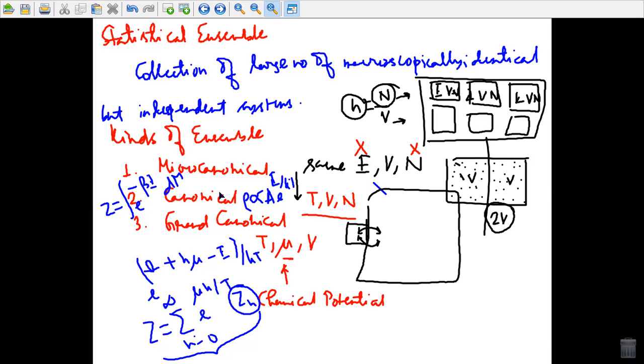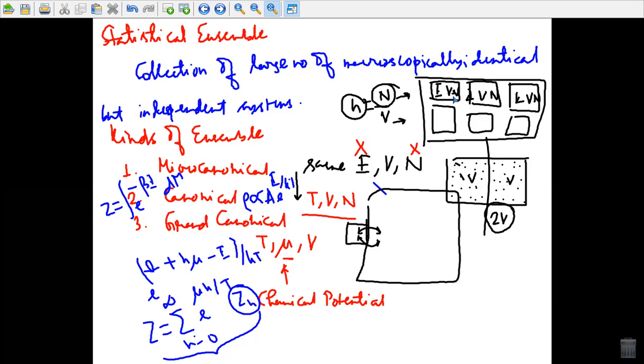So a microcanonical ensemble is a collection of essentially independent systems having the same energy, volume, and number of particles. For simplicity, we assume that all the particles are identical.